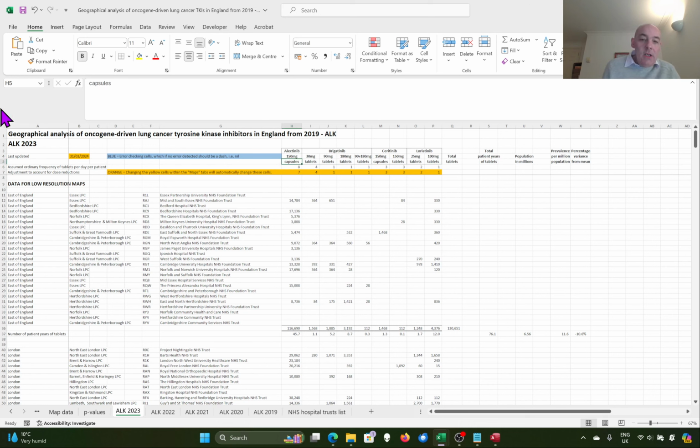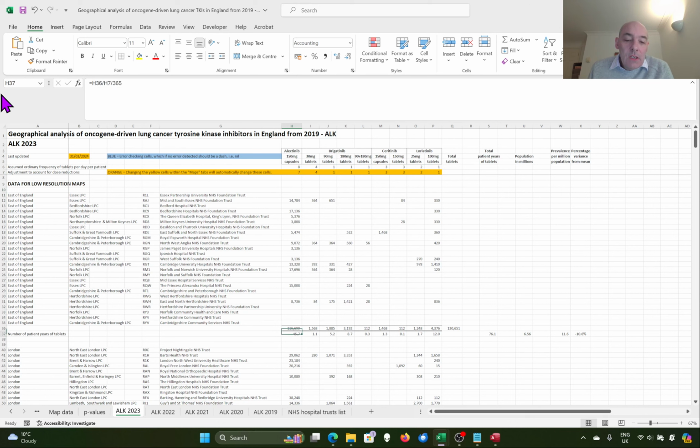Alectinib is a bit trickier. The standard dose is 8 tablets per day, but some people take 6, and even a few will take 4, possibly. I'm not sure it will go lower than that. But I've assumed as an average across the whole population that they would each take 7 per day. So many will take 8, some will take 6, and a few 4, but on average 7.